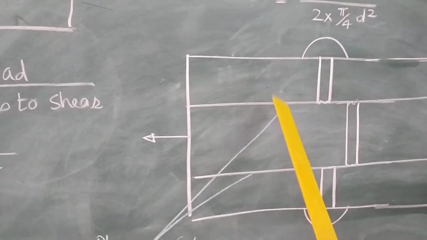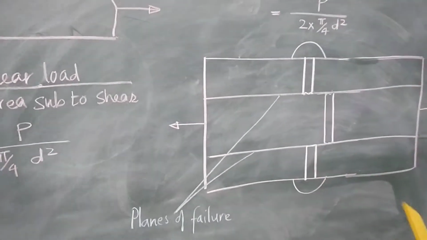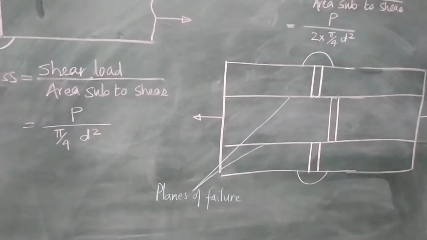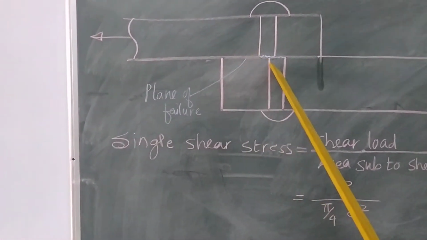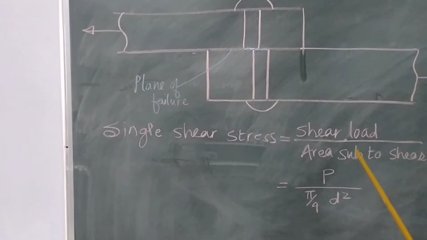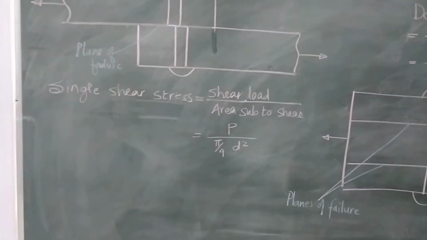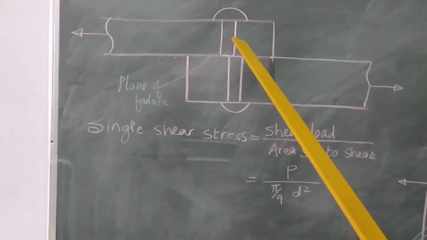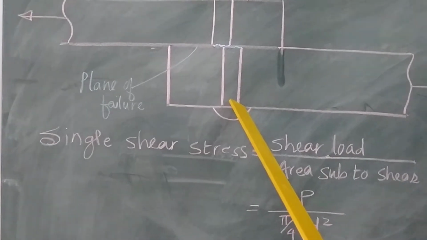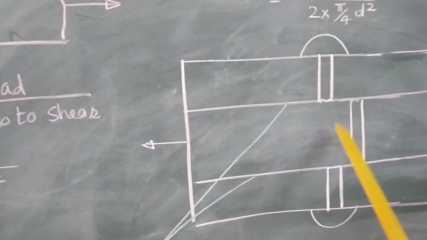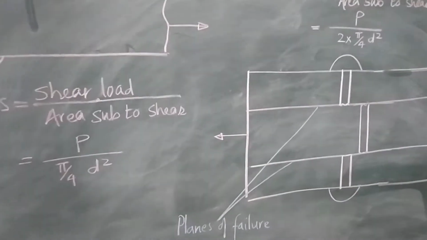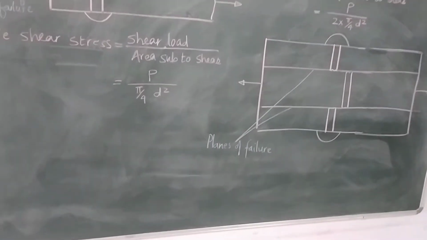When three pieces are attached using a rivet, then there will be double shear. When two pieces are attached using a rivet, there will be single shear. That means in single shear there are two pieces of rivet due to applied force, and in double shear there are three pieces due to applied load.